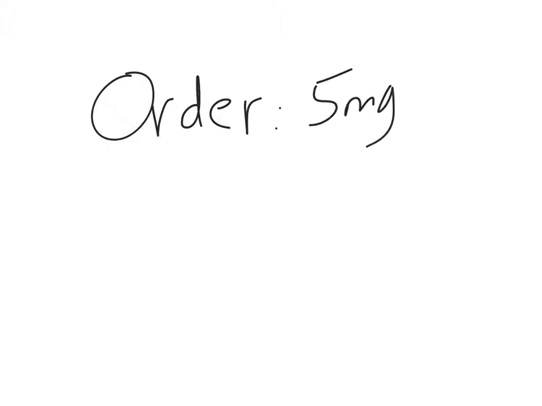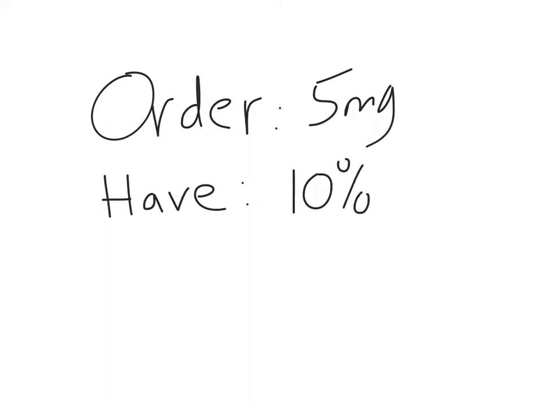Very similarly, if we have an ordered dose of, say, the same thing again, 5 milligrams, and that medication comes in a percentage, say we have a 10% solution. Similar to those ratios, percents can actually be looked at as ratios, and then they're one and the same.